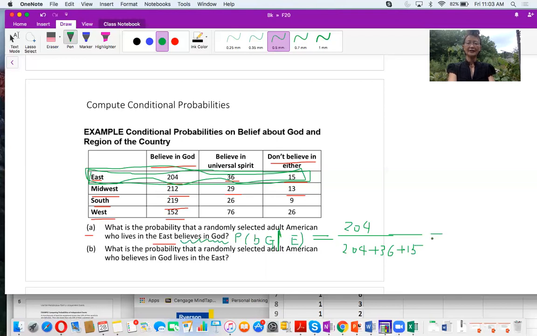So this is the answer for, given people live in the East, what is the probability that they select the statement, I believe in God?